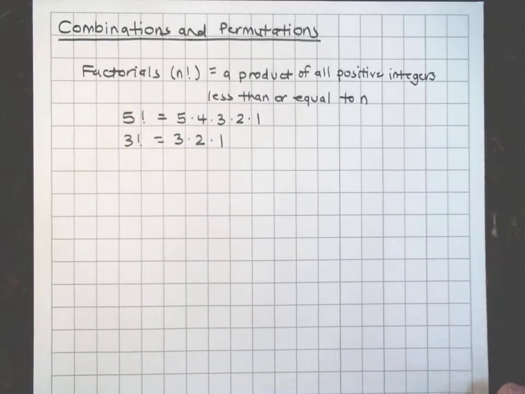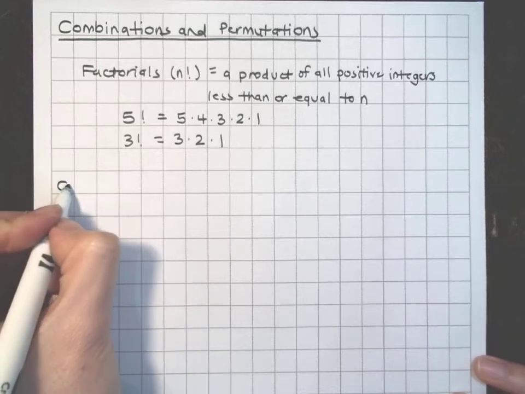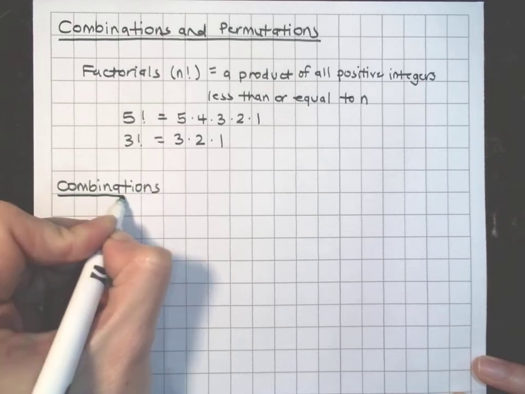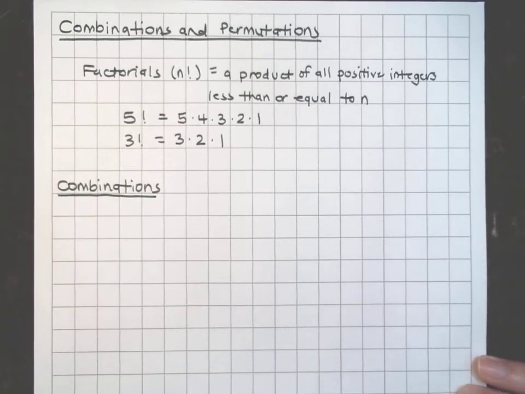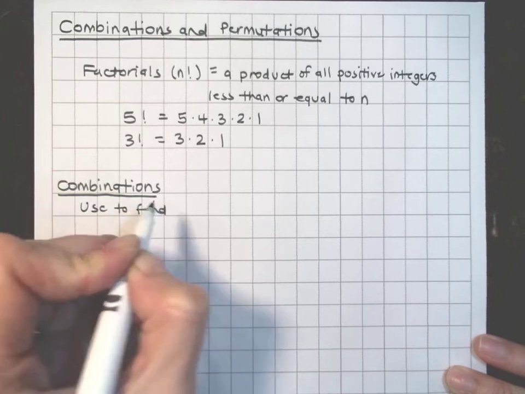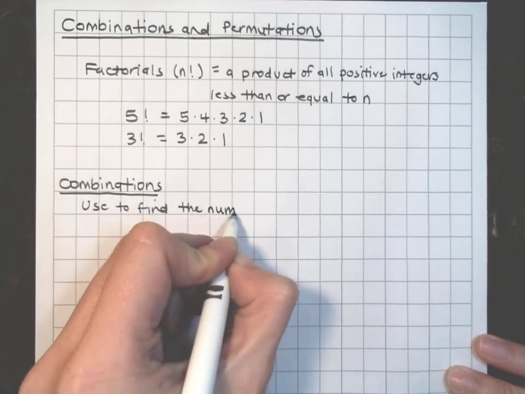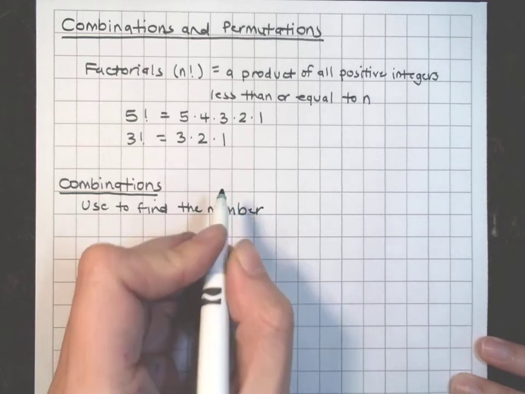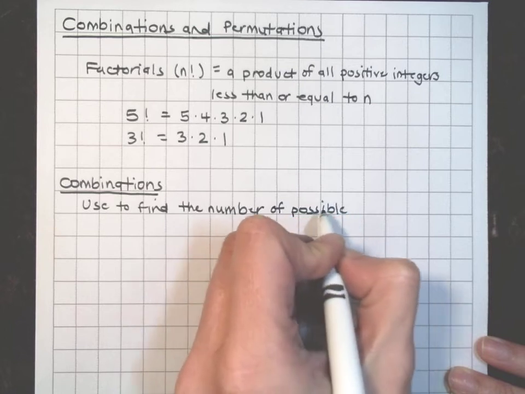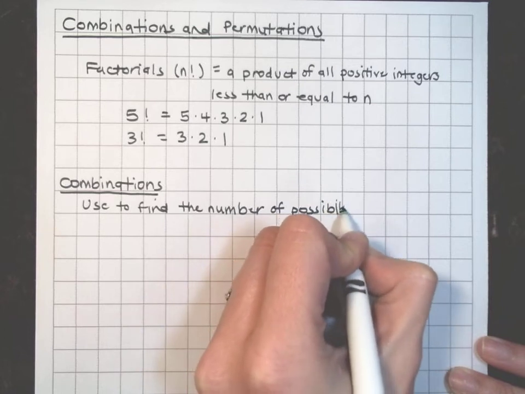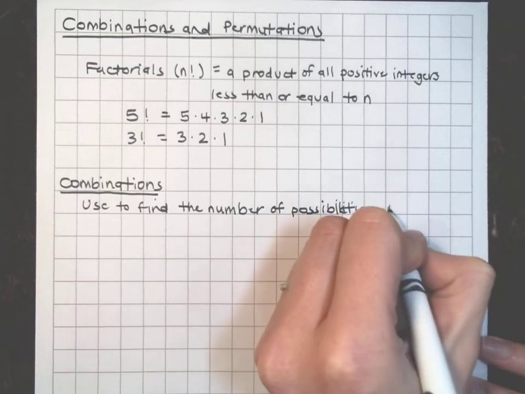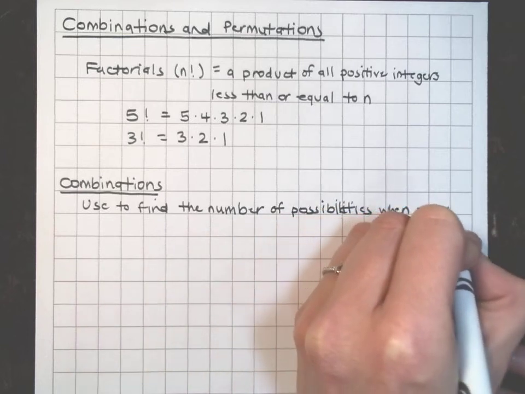Okay, so now that we know how to use a factorial, we can jump into combinations. So combinations we use to find the number of possibilities when order does not matter.